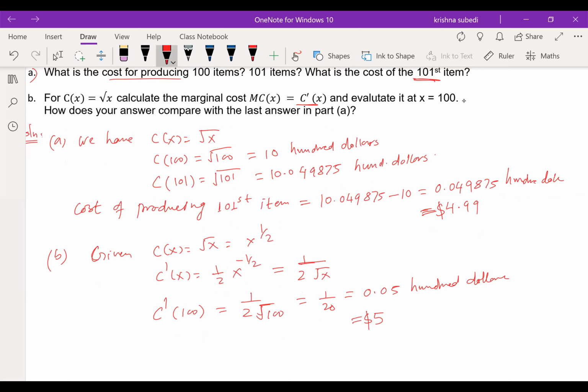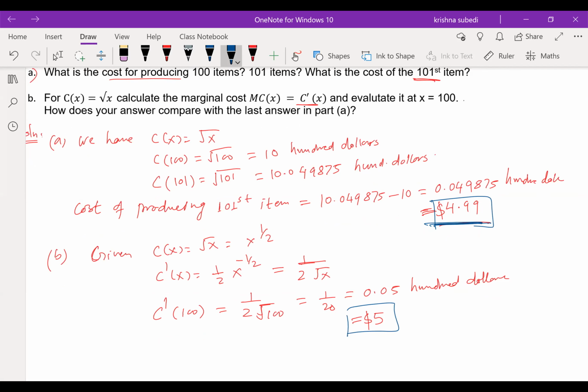Now, how does your answer compare with the answer in part A? Look how close they are. In part A, our answer is $4.99, and here we got $5. How close they are, right?